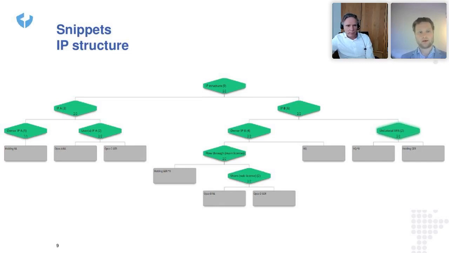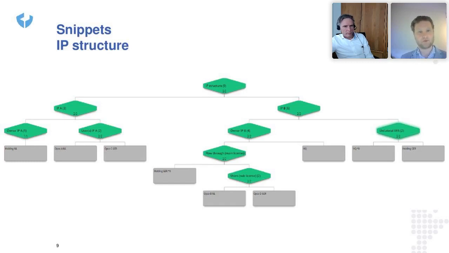And if we zoom in on an example of an IP structure, on my screen the slide is a bit compressed. I hope in full screen mode for you it's readable, but I will walk you through it.